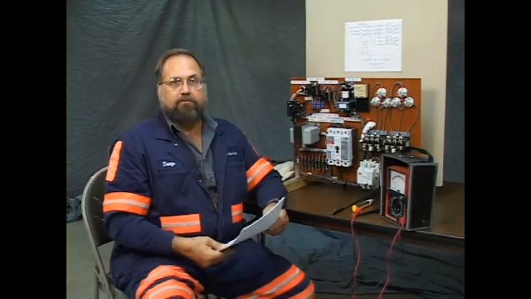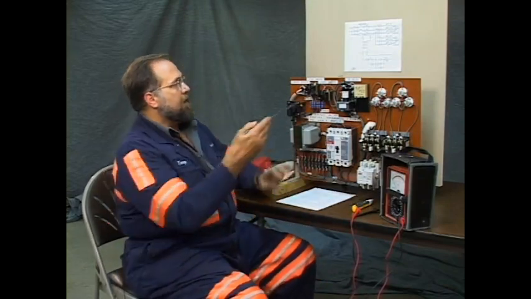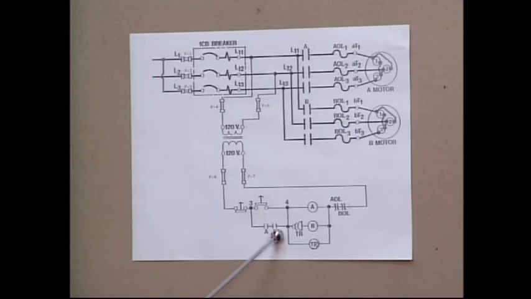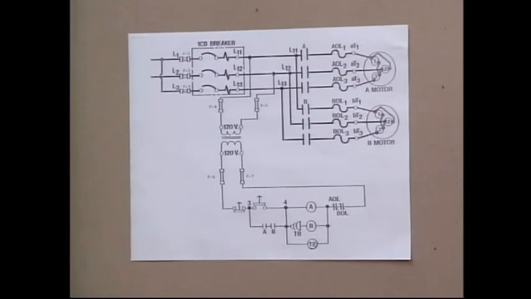To complete his exercise, the apprentice would list his problem as the start switch is shorted closed. Now, there is another problem that could possibly cause the same effect, and that would be that the A and B interlocks both be shorted closed.